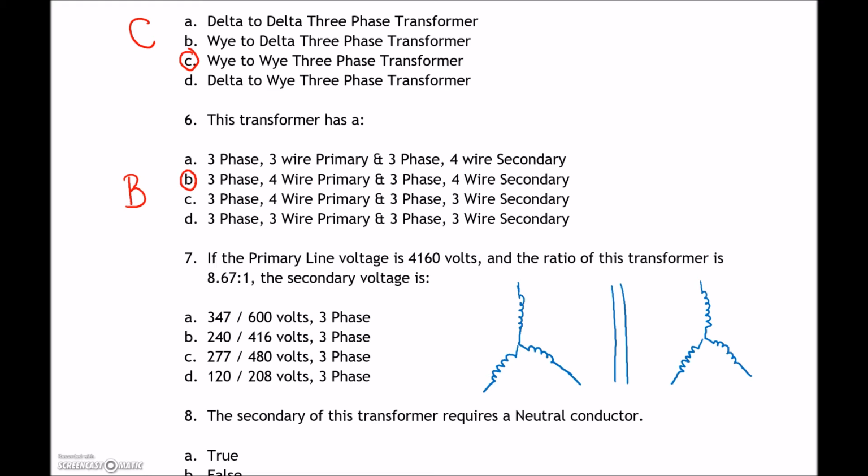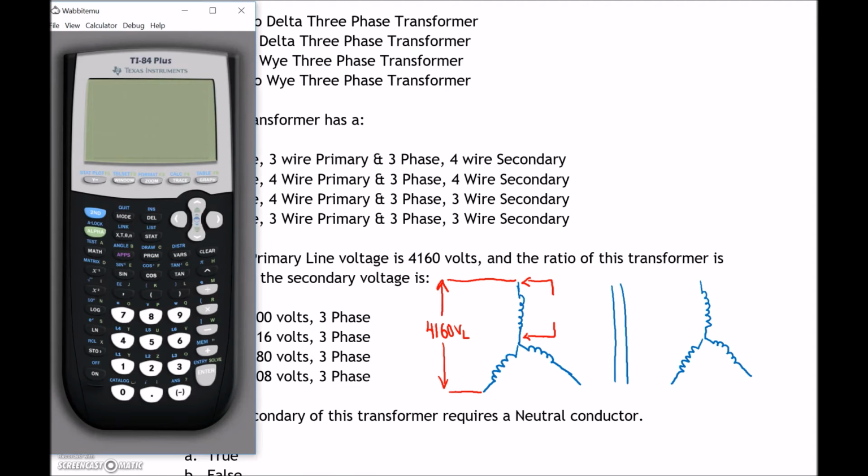Okay, and then we got to put our voltages on there. So on this guy we have 4160 from line to line. Okay, and then on our secondary we don't know anything yet. Our voltage here on the phase is going to be √3 less. So let's bring up the calculator and double check that value.